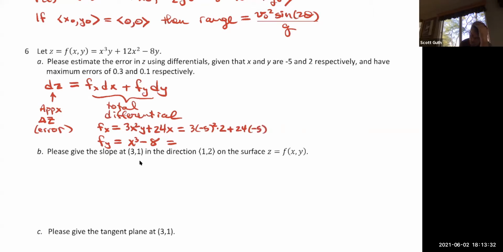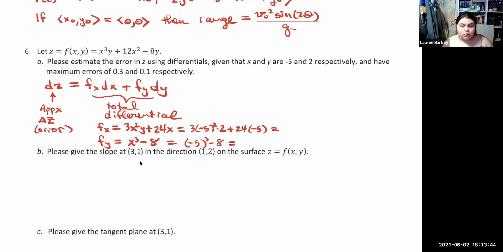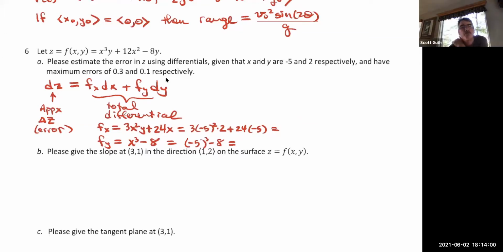And then x to the third minus 8, so that'll be -5 to the third minus 8. Half a moment here. Okay, just one sec.